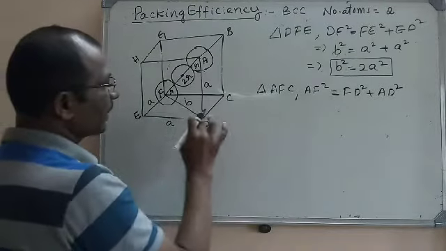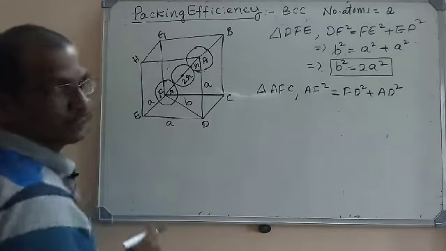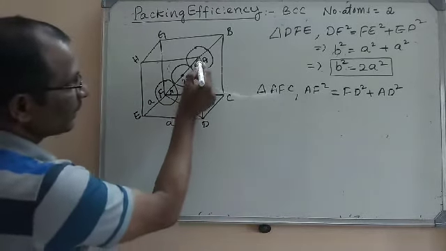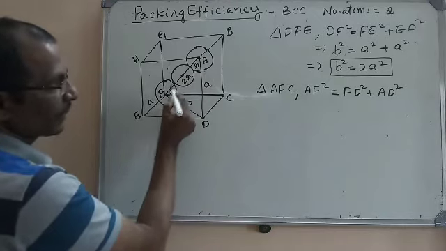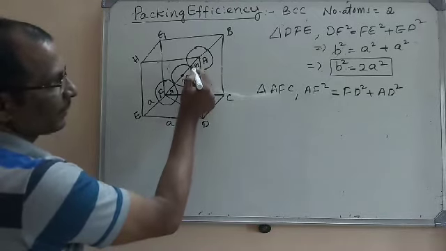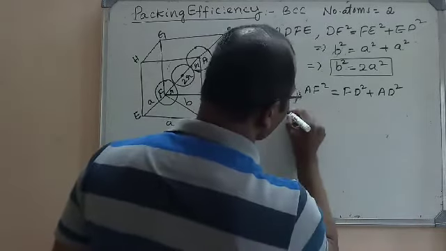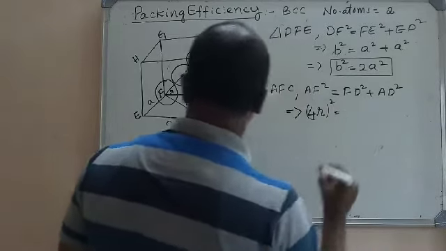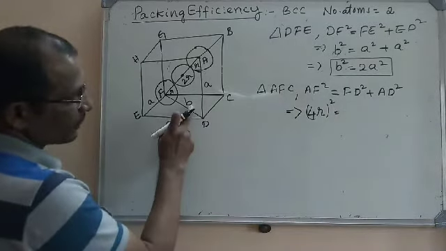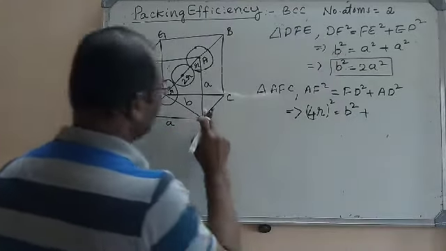So again I have applied the Pythagoras theorem for this triangle. But what we know, AF is the hypotenuse. Here to here R plus 2R, 3R, 3R plus R, 4R. Altogether it is 4R. So 4R whole square is equal to FD square. FD value is B, so it will become B square plus AD square.